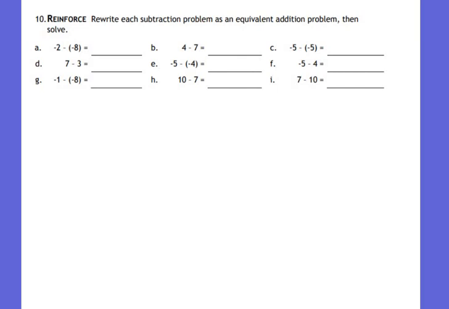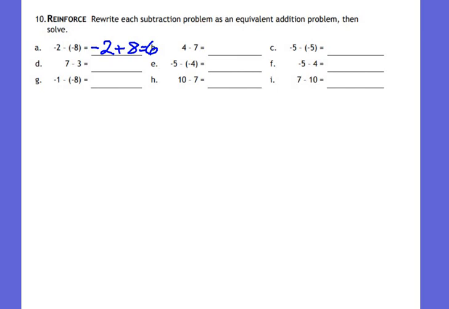How do I change that to an addition? Negative 2 plus a positive 8. Then it asked us to solve it. Does anyone know what a negative 2 plus 8 is? Positive 6. So they also want the answer. That's what we're doing on all of problem 10's problems.